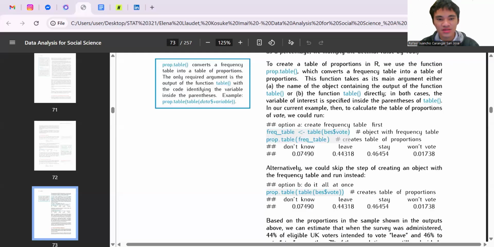Let me just open this, because I was able to do it. Oh, it was lab 4, I forgot. Yeah, it's the same. Oh, I don't have dplyr, that's why.